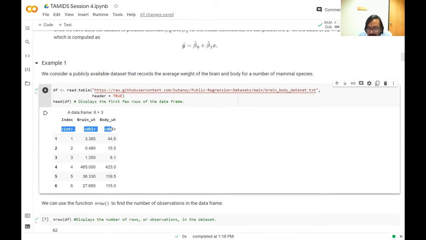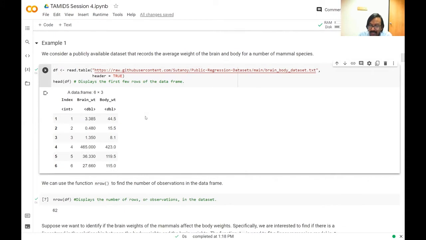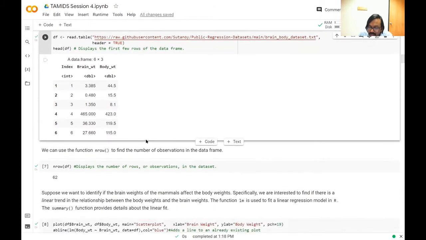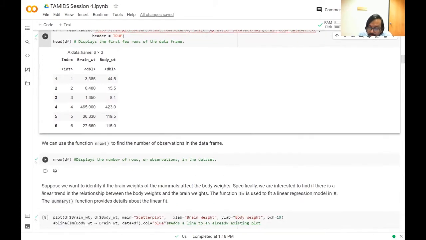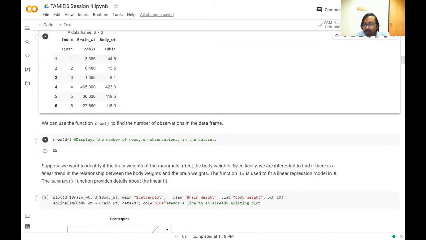The data types are mentioned here: we know that the indices are integers and the brain weights and the body weights are numerical values. If you want to find out how many observations there are in this data frame, you can use the nrow function and check that there are 62 observations. The problem here is we would like to identify if the brain weights of the mammals affect their body weights.